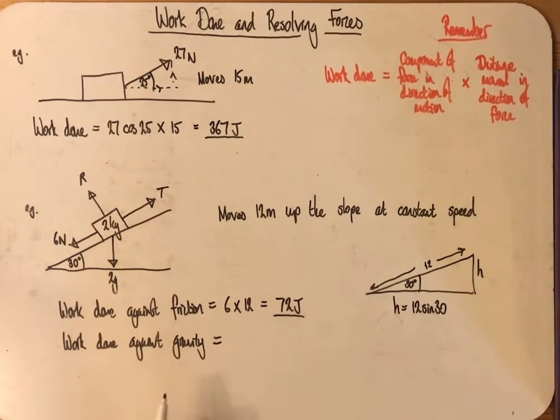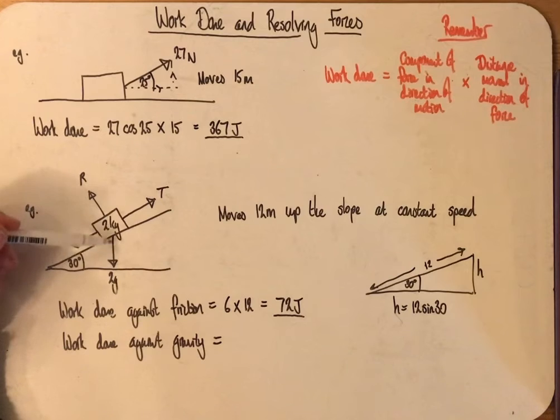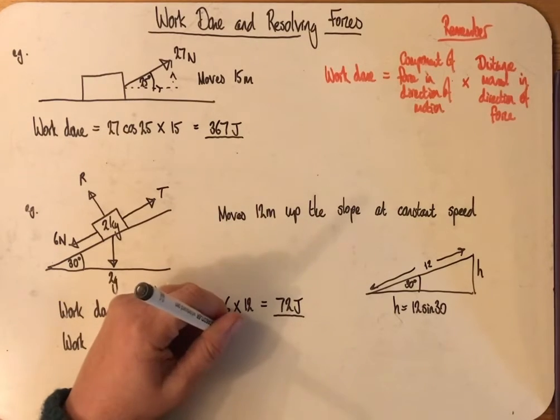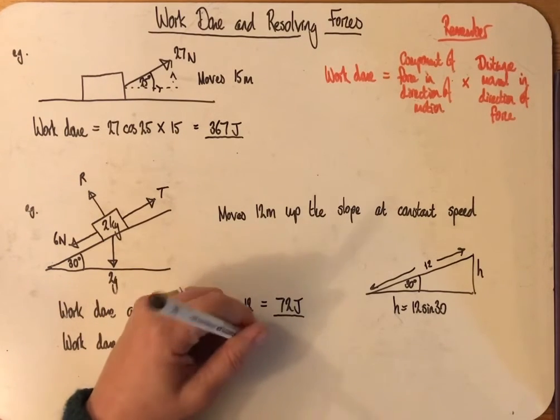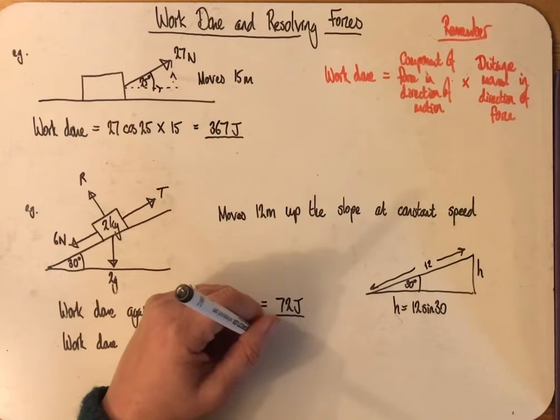So the work done against gravity is equal to 2g, which is coming down this way, so the weight, times 12 sine 30.